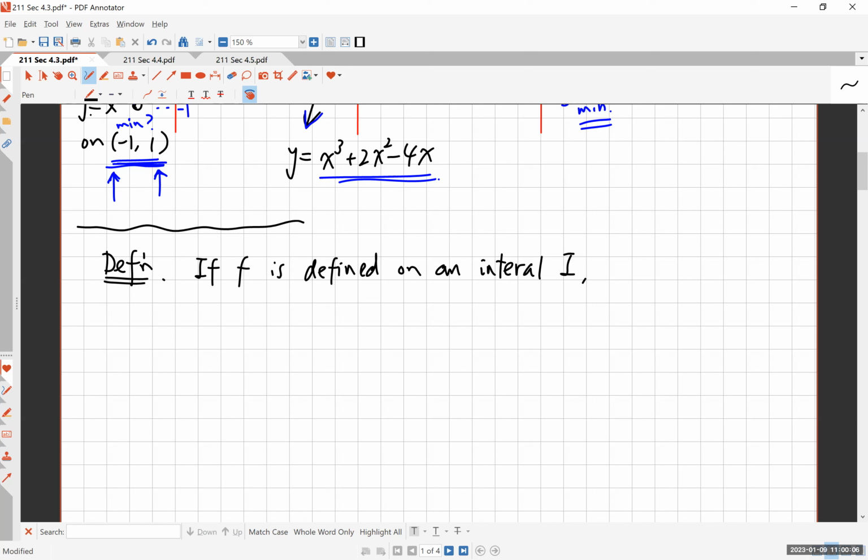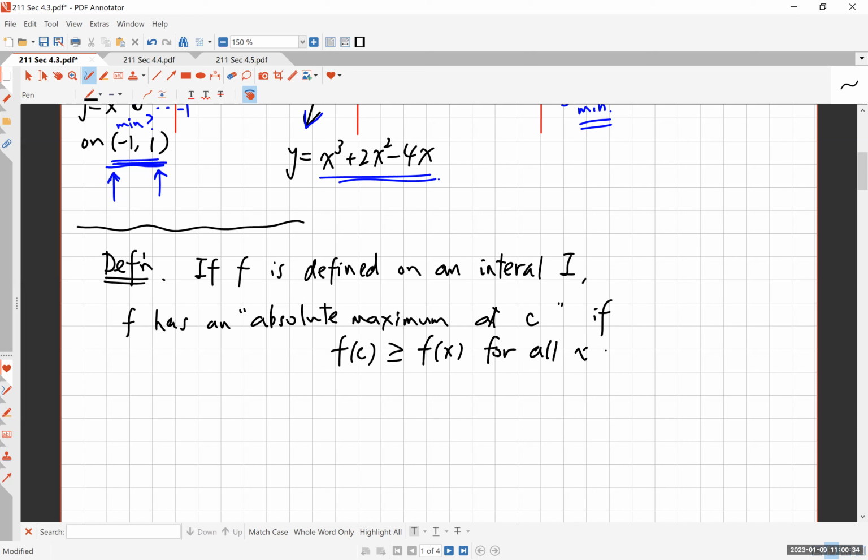If f is defined on an interval I, then we say f has an absolute maximum at c if f of c is greater than or equal to f of x for all x in I. What in the world is that?